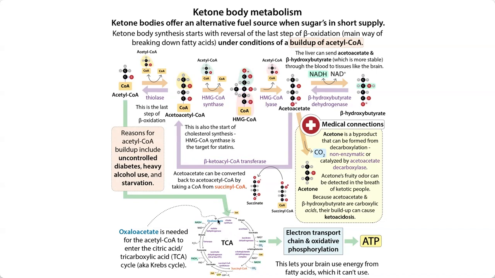If they can't do this, you're going to get a buildup of acetyl-CoA. We'll talk way more about this, so don't worry about it for now, but it can get transformed into what we call ketone bodies. These ketone bodies get sent through the bloodstream, and they're carboxylic acids.